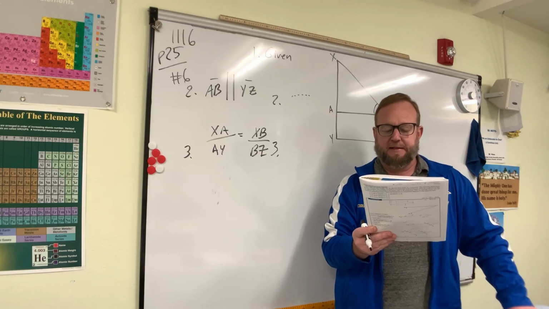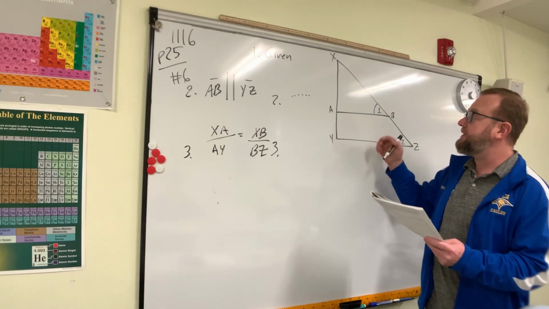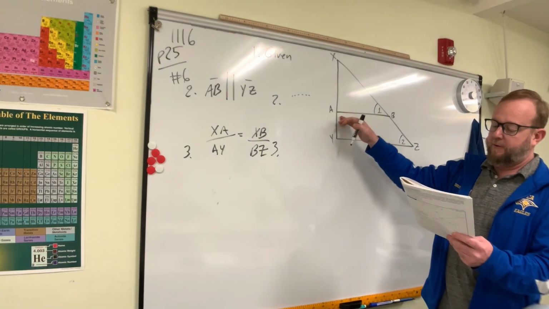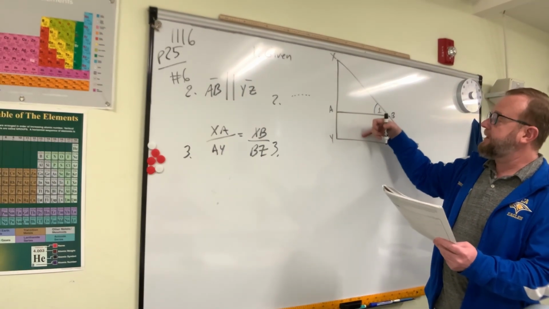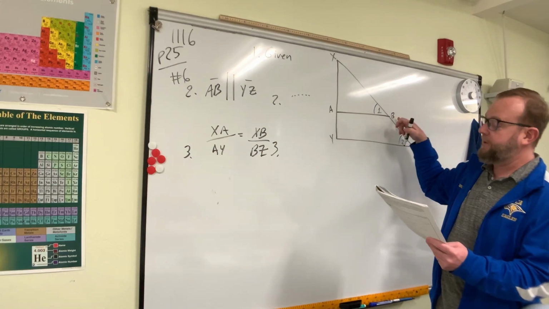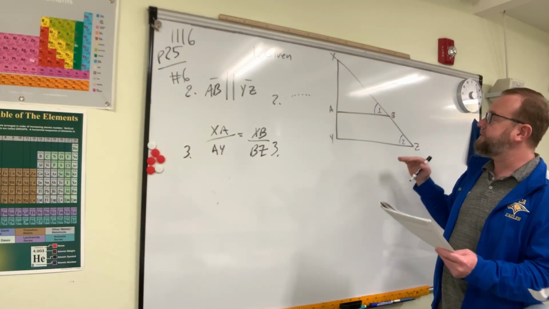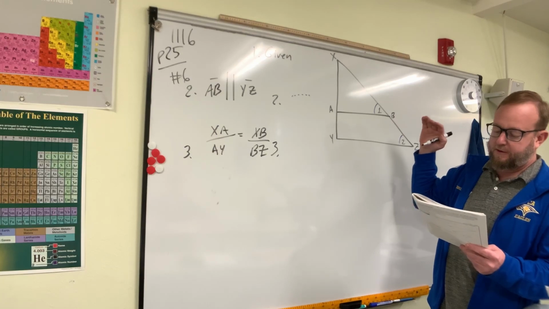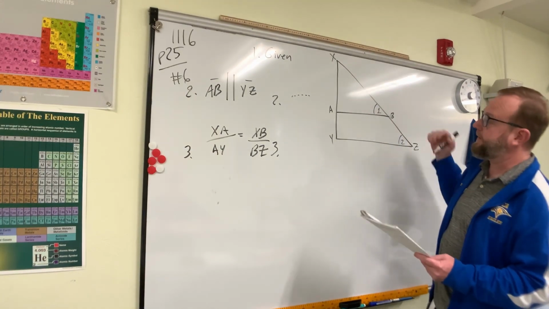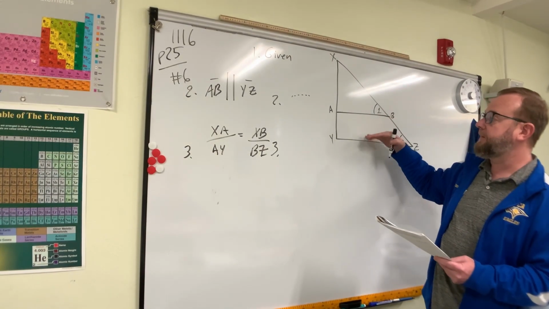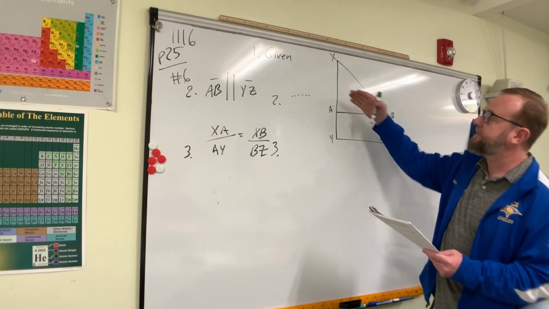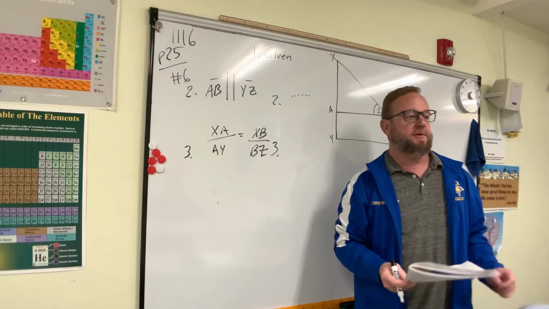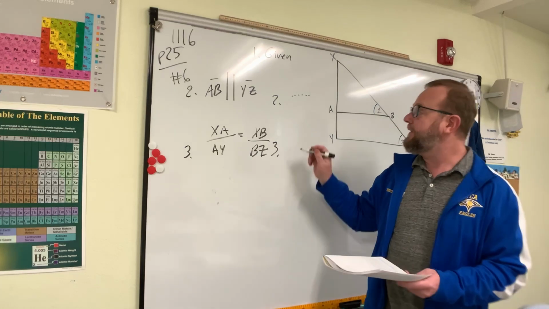Remember the one that says if a line is parallel to one side of a triangle and intersects the other two sides, then it divides the two sides proportionally. So it's parallel, intersects, and they're divided proportionally. That's your theorem. That's what you would write for reason number 3.